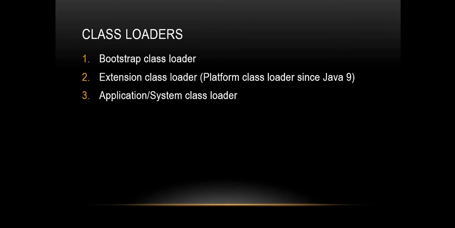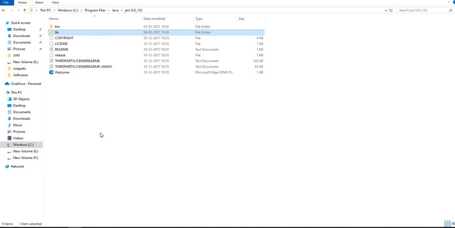Okay, so the bootstrap class loader, what does it load? The bootstrap class loader is primarily responsible for loading the classes which are inside the rt.jar, and that rt.jar is inside the JRE lib folder. If I want to show you that, if you see this Java JRE, you have a lib folder.